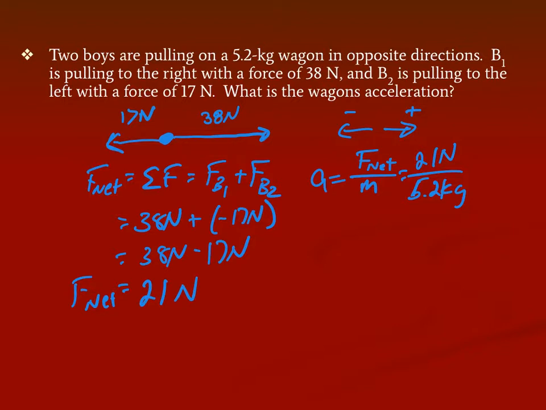Now, looking at this, we have 2 significant figures, so we're going to round. We're going to call that 4.0 meters per second squared. But again, because acceleration is a vector, we have to include direction. So 4.0 meters per second squared to the right. And so there's our acceleration.